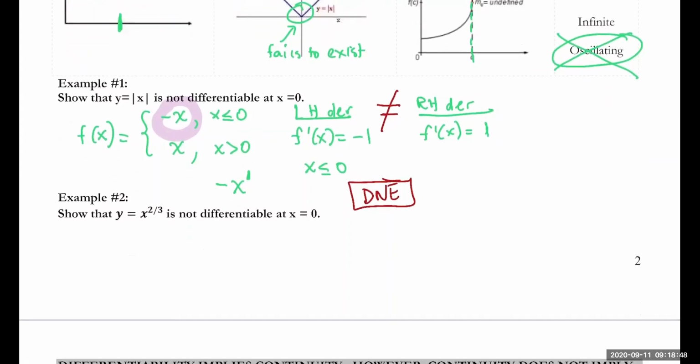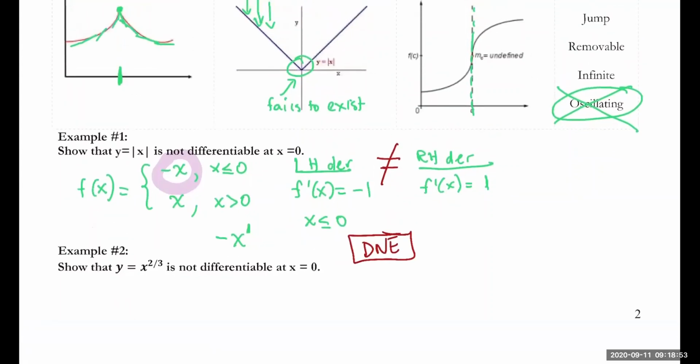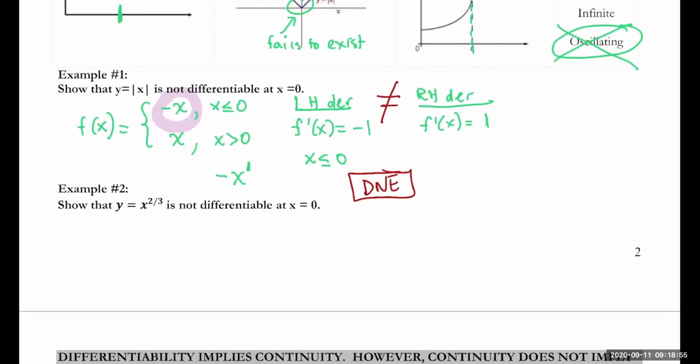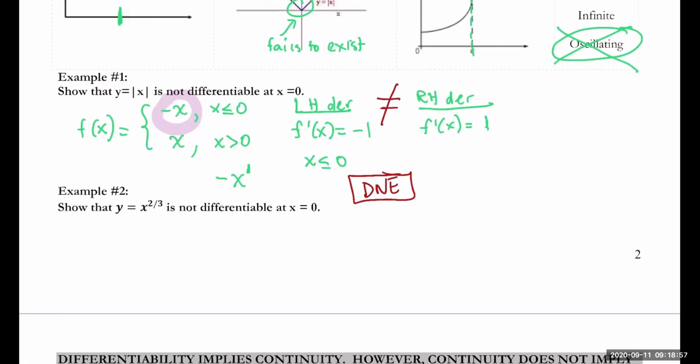Okay, now I'm looking at x to the 2/3, a function that looks similar to the cusp example above, and you're thinking, how do I do this one? I can't break it out into a piecewise function. So what we do is examine what it looks like coming from the left and the right at x = 0, and we examine the derivative function.